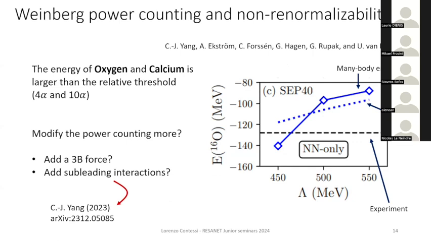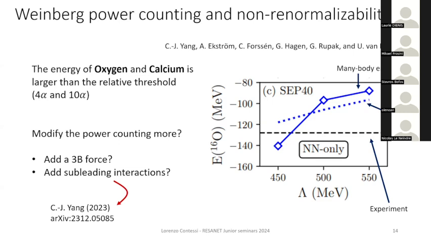And what they found out is that the oxygen-16 binding energy was less than the closest threshold, which is the 4-alpha threshold, meaning that the leading order of this interaction tends to break oxygen into 4 alpha particles. So we know that oxygen is not very far from the 4-alpha threshold, and probably this is just a small correction in terms of energy.